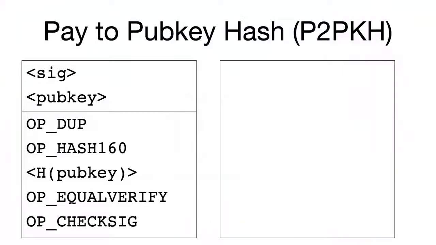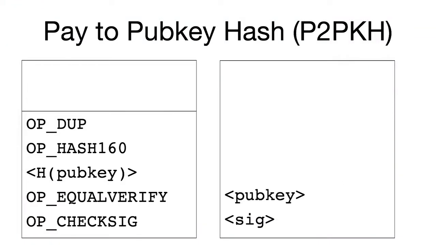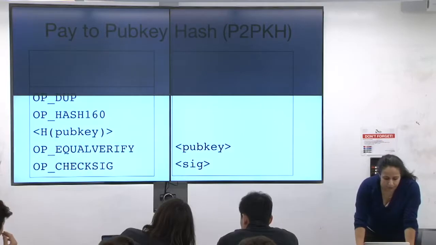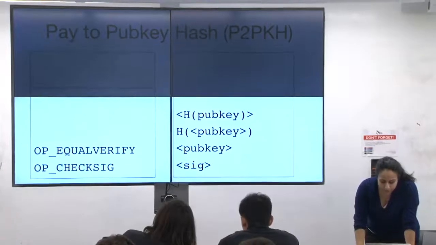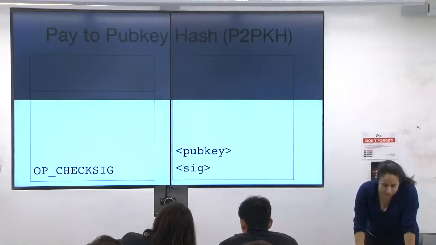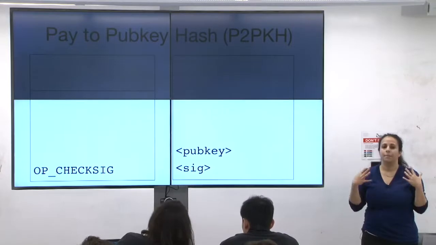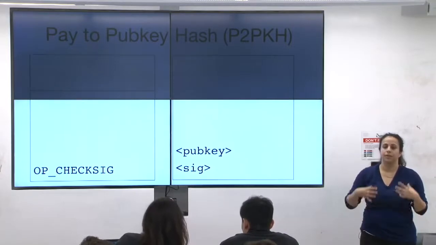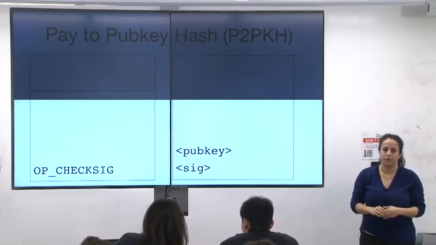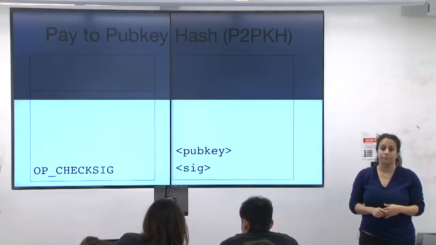Up there we have Bob's signature and Bob's pub key. Again, those get pushed onto the stack because they're constants, duplicated, hash the top, copy over the hash, make sure that they're equal, and then check the signature. And this is a pay to pub key hash script. It is the most common script in Bitcoin, and this is basically the standard way of spending money.